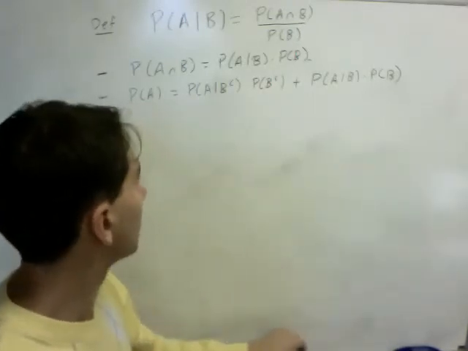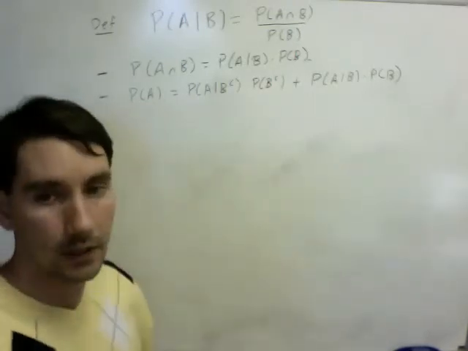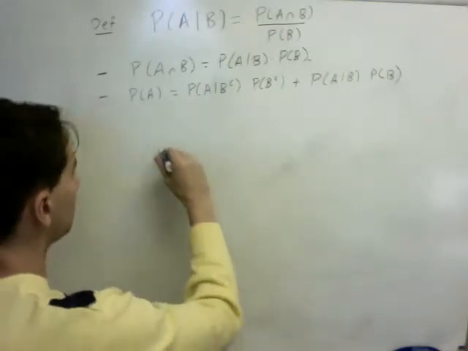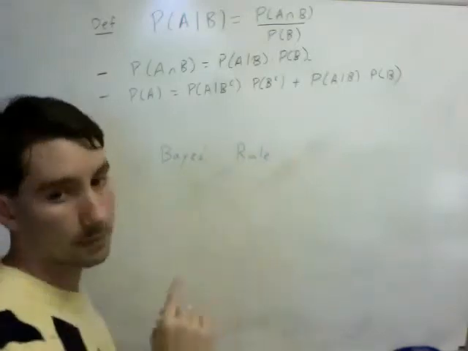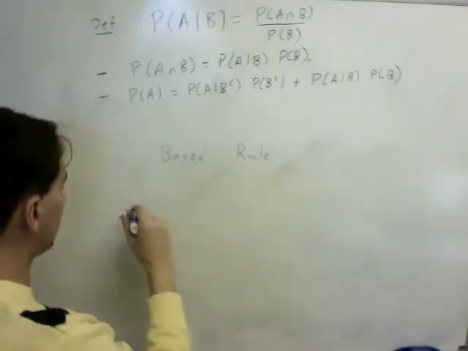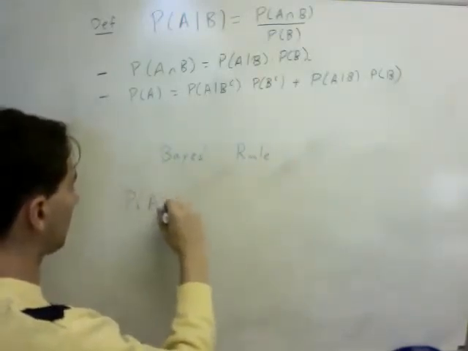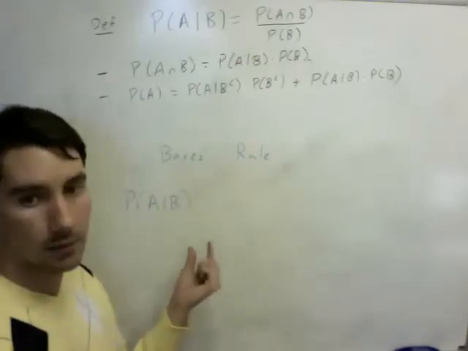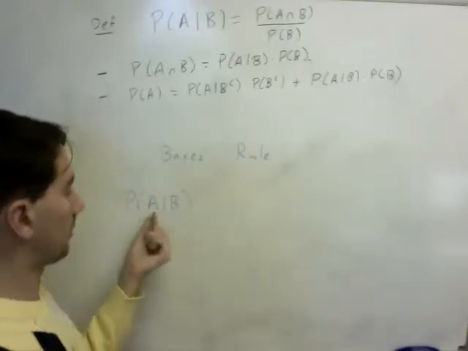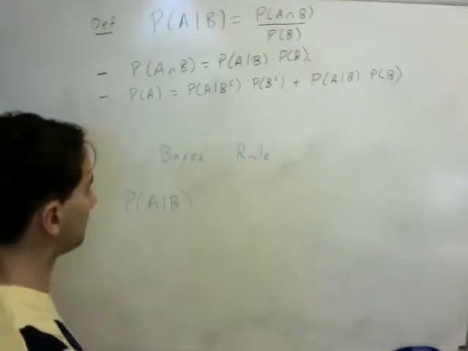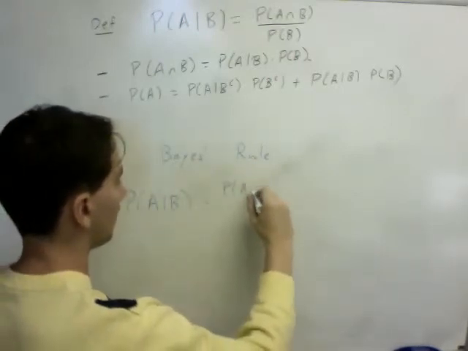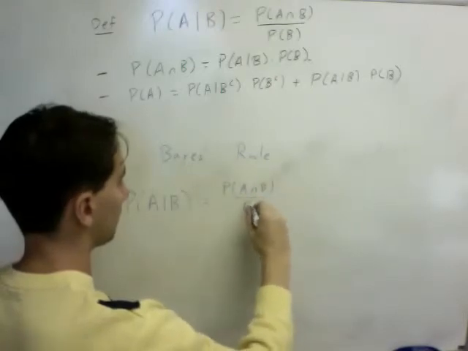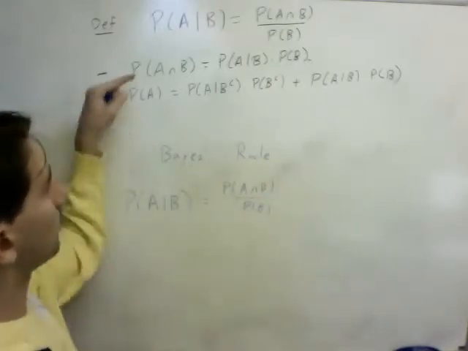Okay, and last one. So this is called Bayes' rule. So here the idea is, suppose that we want to compute the probability of A given B. But what we know is we actually know stuff about the probability of B given A. So we can write this as the probability of A intersect B over the probability of B. That's our first formula.